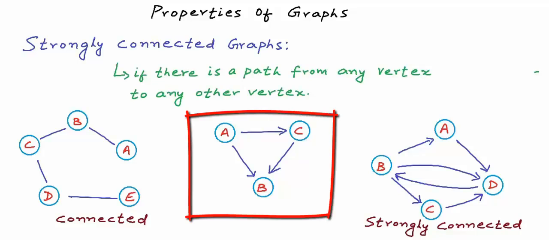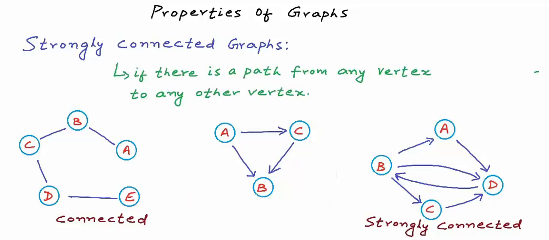But in this graph in the middle, we do not. We cannot go from vertex C to A. We can go from A to C, but we cannot go from C to A. So this is not a strongly connected graph. Remember, if it's an undirected graph, we simply say connected, and if it's a directed graph, we say strongly connected.